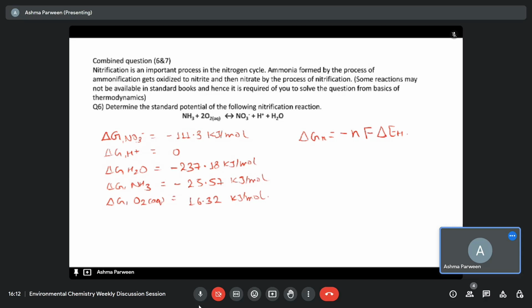I have given you the values of delta G naught of formation of each compound, and also the relation. You just have to find the delta G for the overall reaction, put everything in this relation, and we can find the EH naught of the reaction. Okay, I'll give you 5 minutes. Just take your time and do the calculation, and we'll see how to solve it.